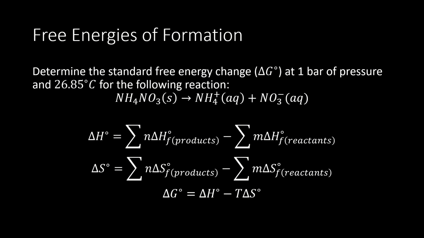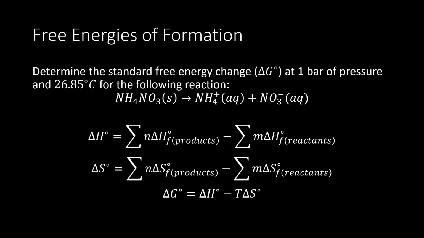If we want to calculate delta G naught, let's first calculate the standard enthalpy and standard entropy. And all that is simply taking the sum of the enthalpies of formation for the products times their stoichiometry minus the sum of the enthalpies of formation for all the reactants times their respective stoichiometries.